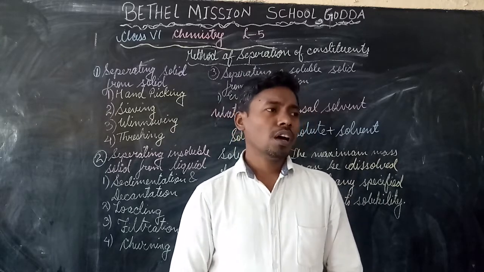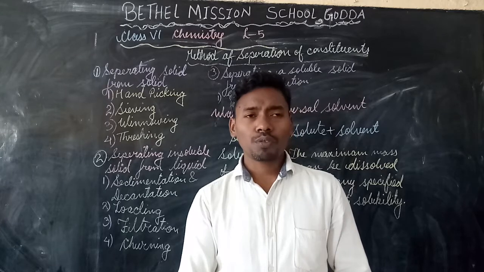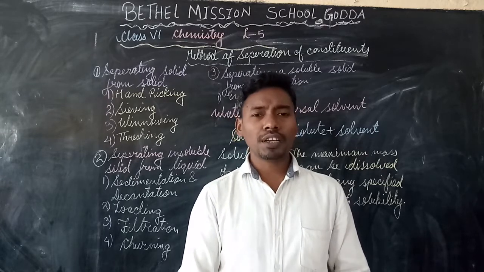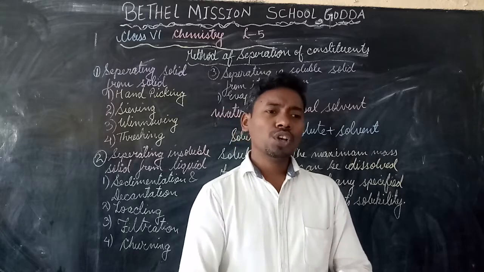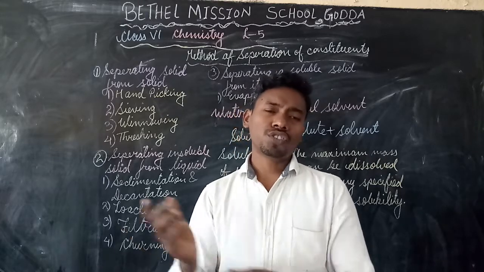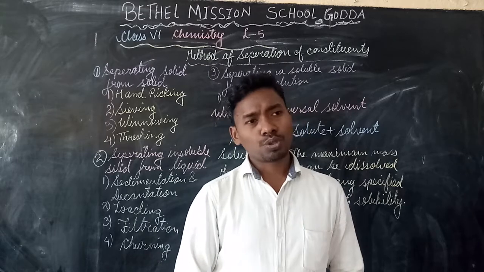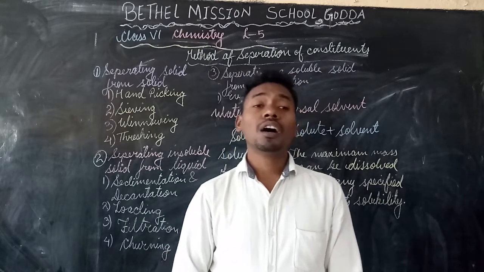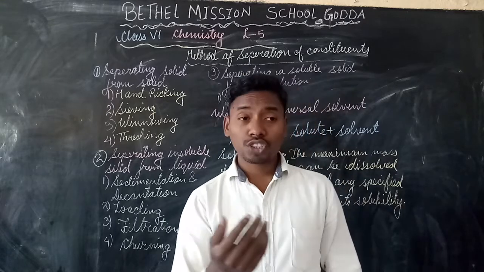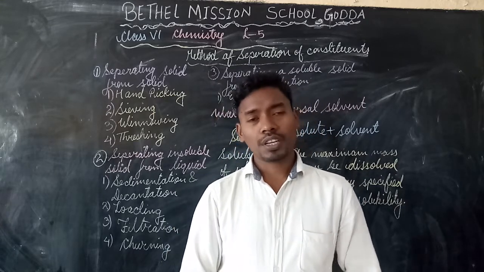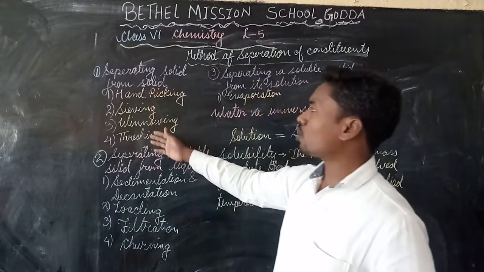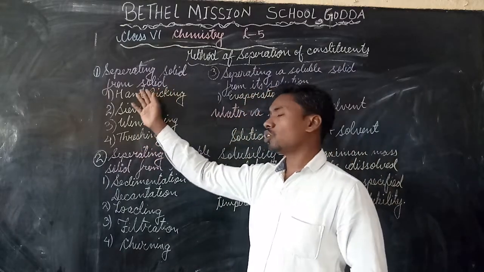For example, this paddy, after it has been harvested, the paddy plants are struck on the stone. So the hard particles, the grains, get separated from that soft hay. Okay, so this is called threshing. So these are some of the very common methods of separating a solid from a solid mixture.